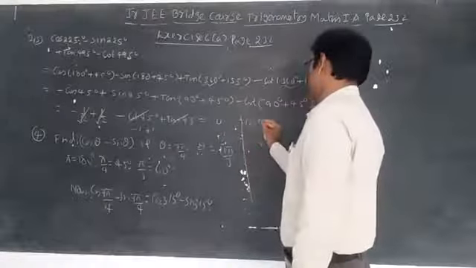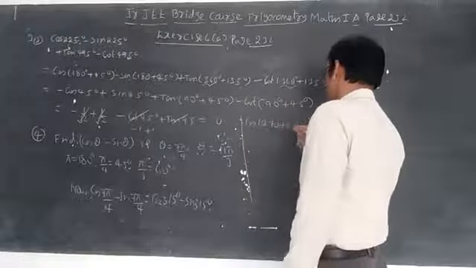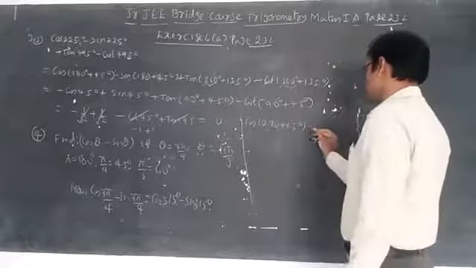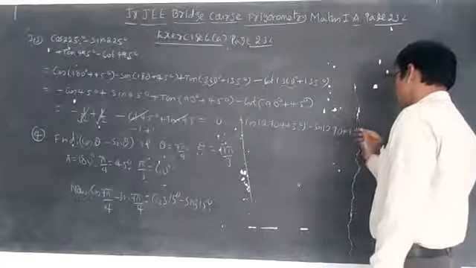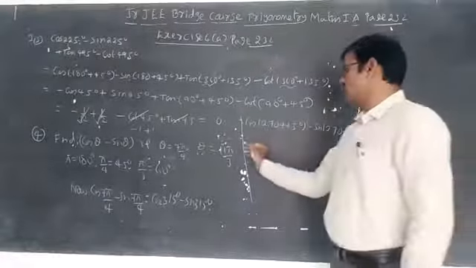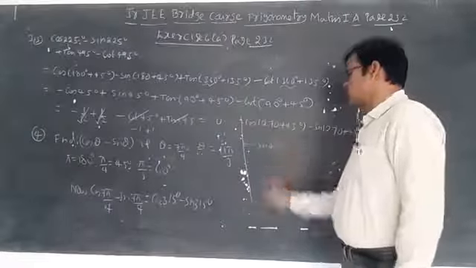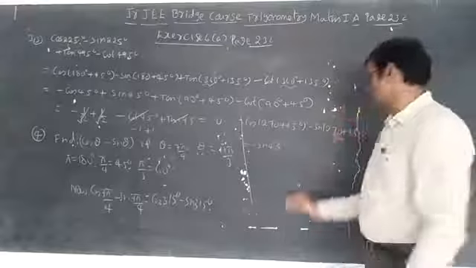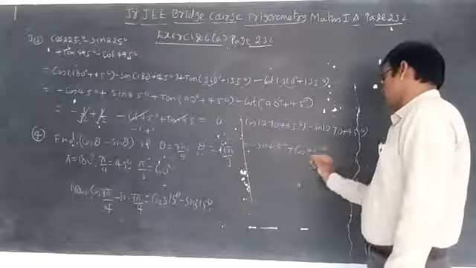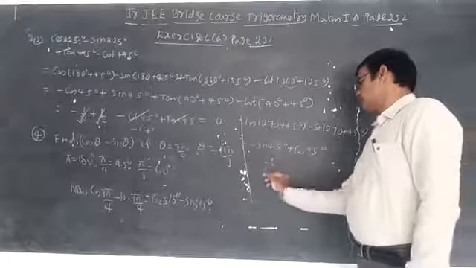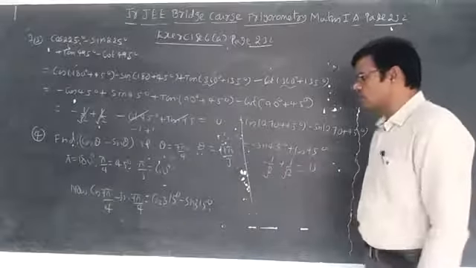You can write here cos 270 plus 45 minus sin 270 plus 45. Cos 270 plus theta becomes sin theta, minus sin theta, because in the fourth quadrant cos is positive and sin is negative. So it becomes cos 45 minus sin 45, value 1 by root 2, minus minus 1 by root 2, that is equal to 0.